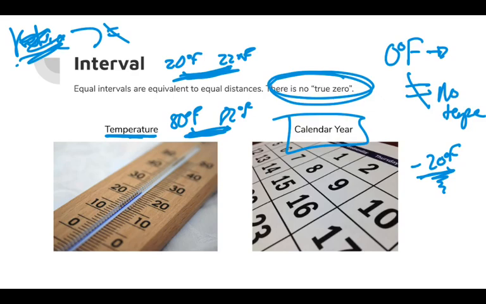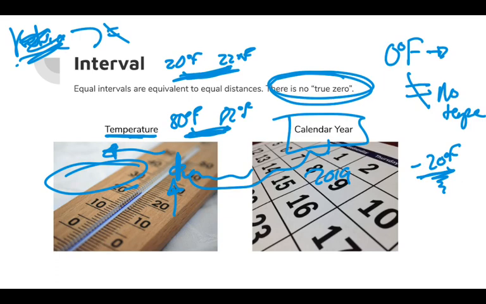Okay, the way we look at our calendar year is the same thing. It is the year 2019, but if I go back in time from 2019 to the year 0, that doesn't mean that was the beginning of time, or that there was no time at that point. That's just some marker that we decided to start counting up from. Now these numbers, thankfully, are not negative values, but calendar years on the negative side of the scale behave oddly.